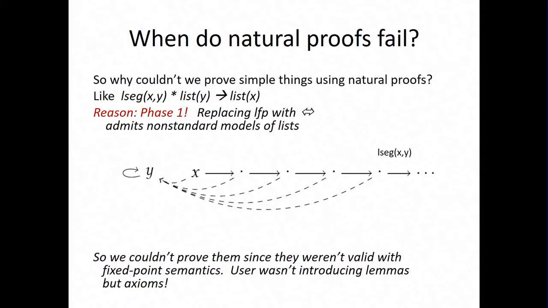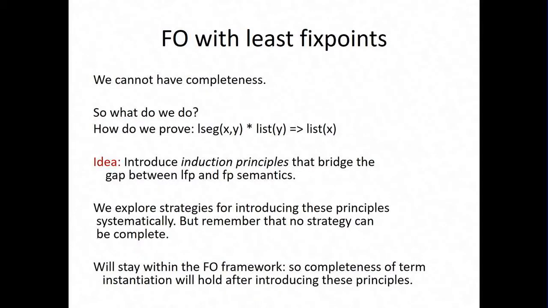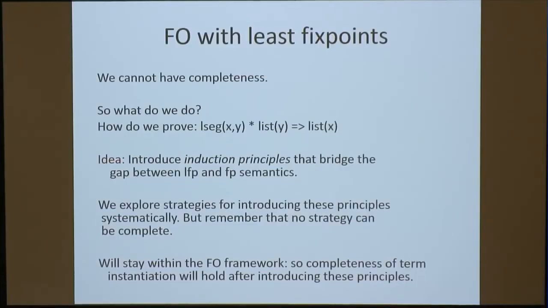And the idea is, how are we going to prove these things after all if we are not going to do this unfold and match, right? So this brings to this other part. Remember that first order logic with least fixed point cannot have a complete procedure, right? So anything that you introduce is going to look like a heuristic, right? And what we do is we introduce induction principles that bridge this gap between least fixed point and fixed point, okay?